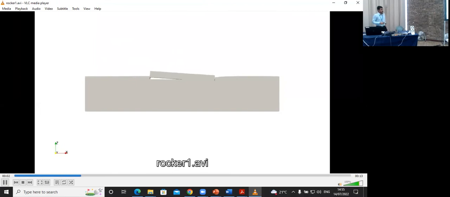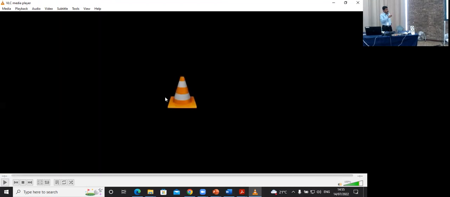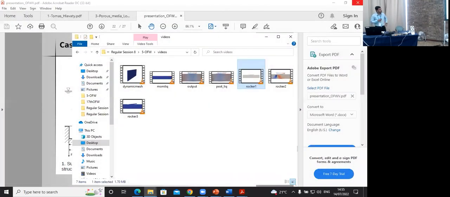You can see that this is the case study that I wanted to do. There is a vibrating plate on the top, and the other region is the seabed. There is a movement in the vibrating plate, which is causing the load on the seabed, and we wanted to study how that causes liquefaction.